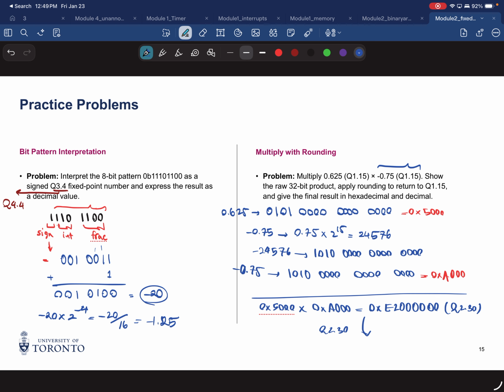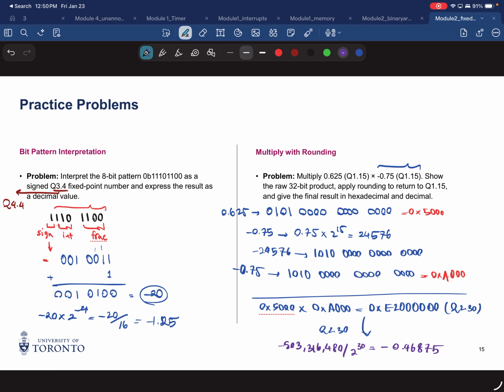So when we interpret it in Q 2.30, this is going to be minus 5,316,480 over 2 to the power of 30, and that's going to be minus 0.46875.